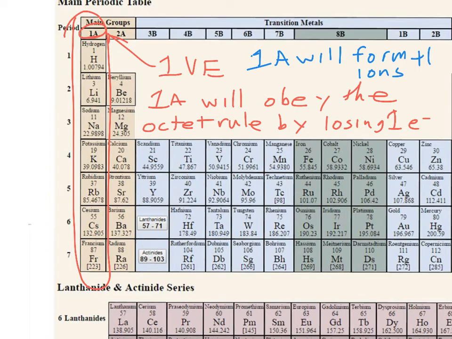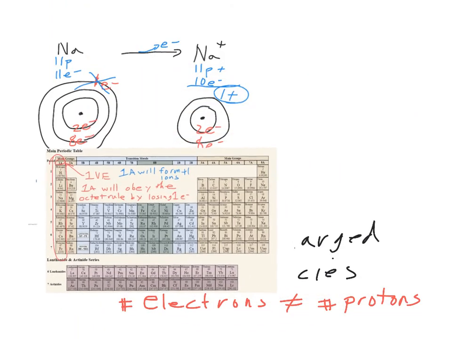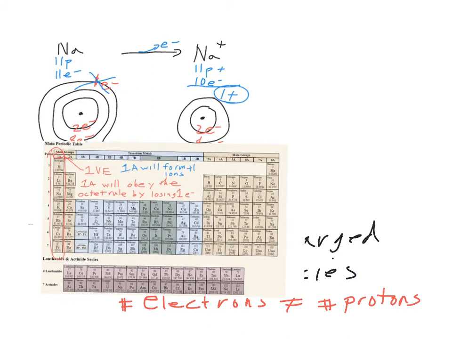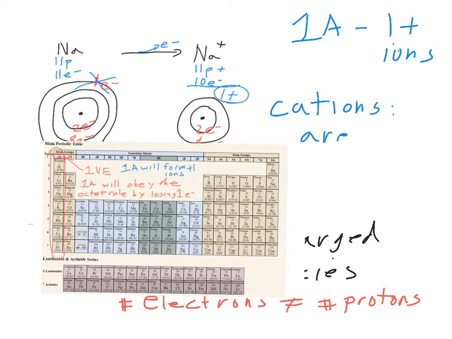Which brings up another new term, as if we haven't thrown enough new terms out here. Not only will all the elements in group 1A form +1 cations, and I use the term I was trying to get to, cations are the term for positive ions.